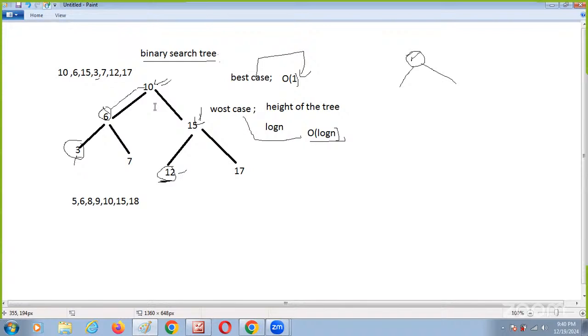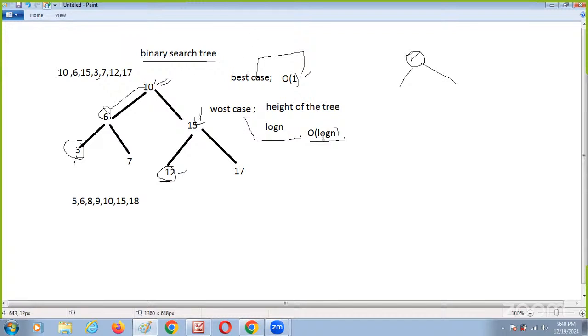If we take the first element as the root node, then you have to compare the root node with the next element. If it is lesser than the root node, go for the left hand side. If it is greater than the root, you have to go for the right hand side part.